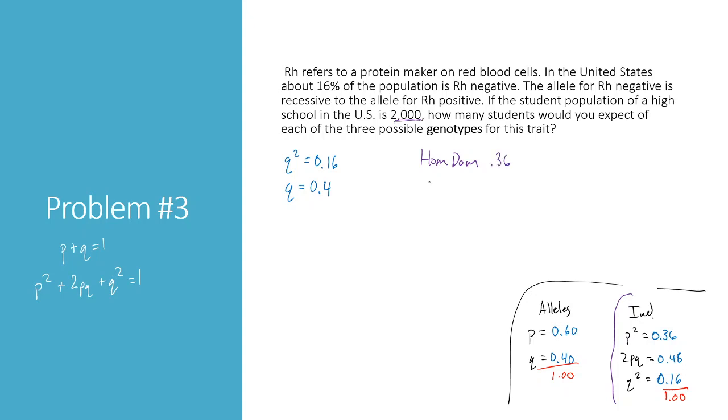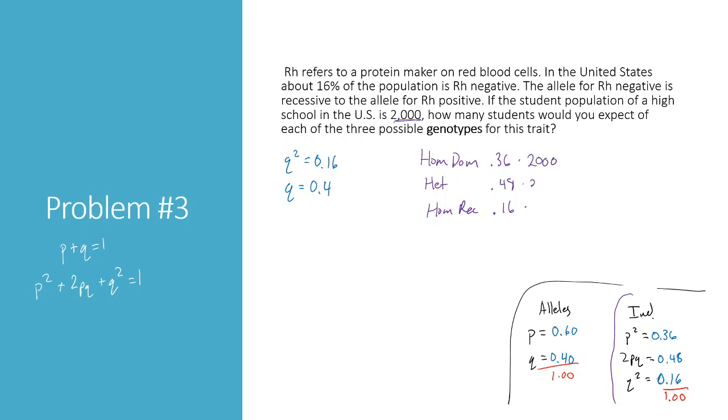We know that the heterozygotes are going to make up 48% of the population, and then we know that the homozygous recessive individuals are going to make up 16%.